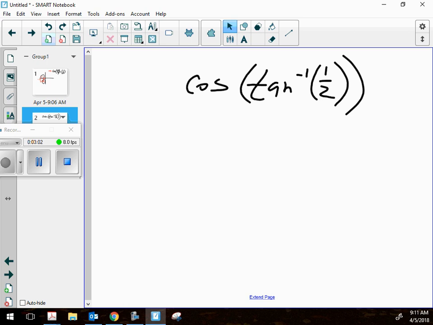Now, I know some of you are going to go, wait a minute, Mr. Server, that's not one of the triangles I memorized. It's okay. As long as you can draw me a triangle with all 3 sides, you'll have to figure out what the third side is. You can find the cosine of it. I know, this is not a 30, 60, 90 or a 45, 45, 90, but it doesn't need to be.